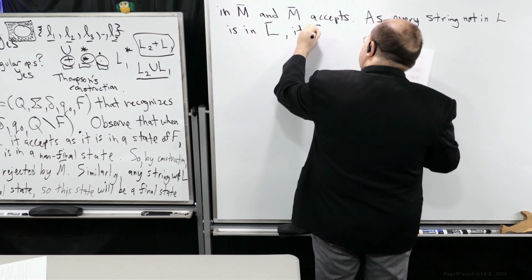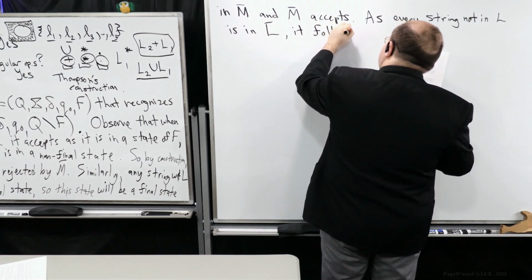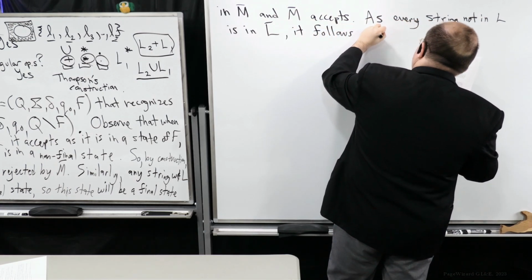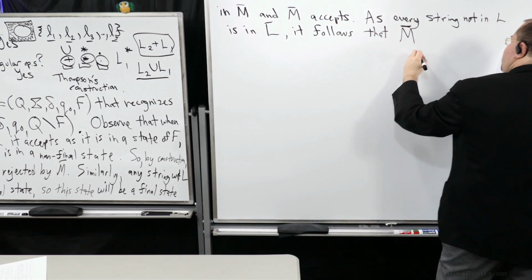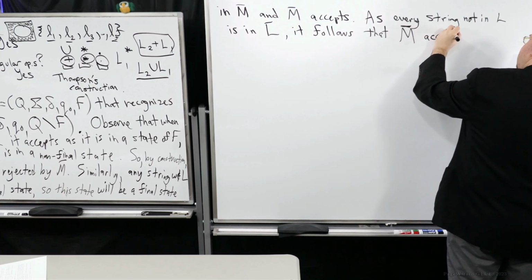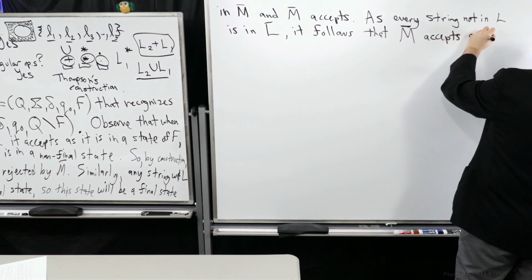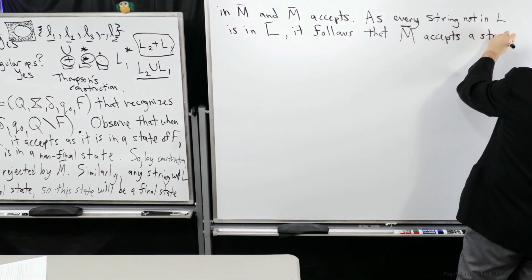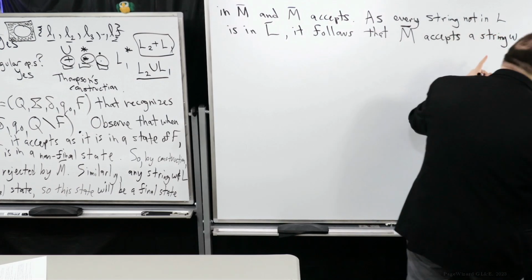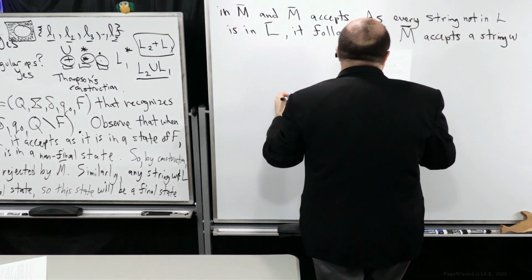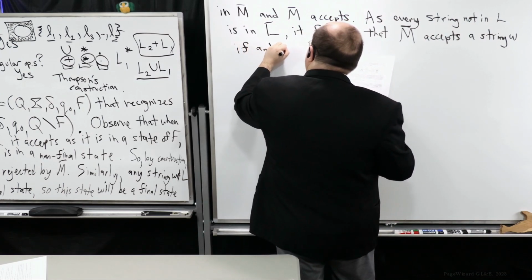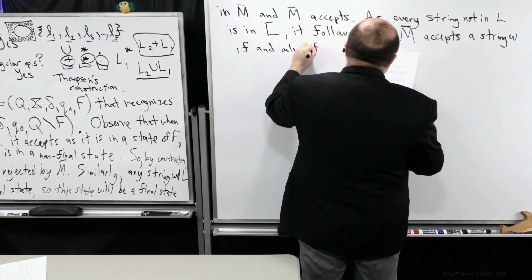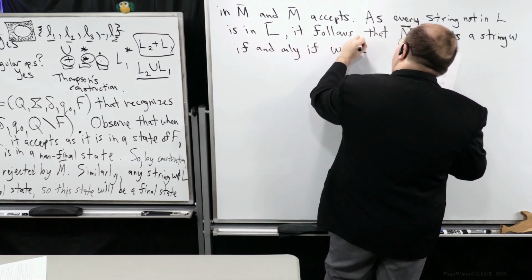It follows that M bar, so here's the big connection, M bar accepts a string W if and only if W is in L bar.